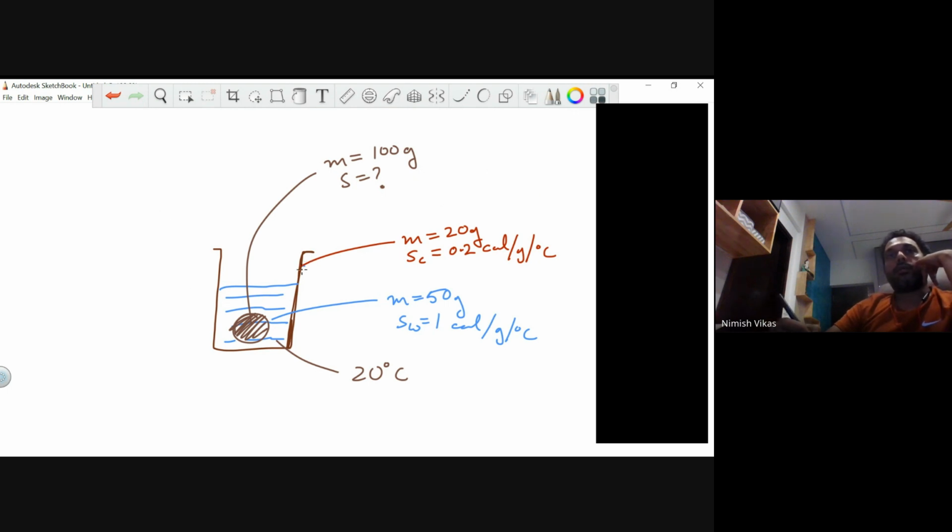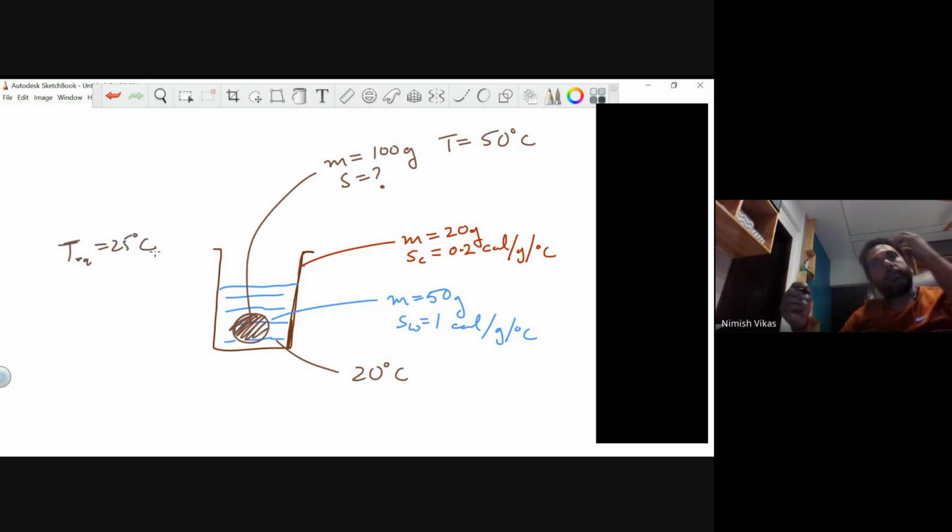The final temperature became 25 degrees Celsius because a hot body was dropped. Initially, the temperature of that body was say 50 degrees Celsius. After everything is settled, at equilibrium the temperature is 25 degrees Celsius.